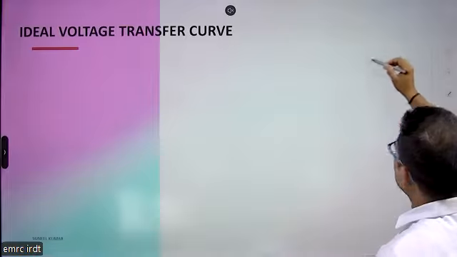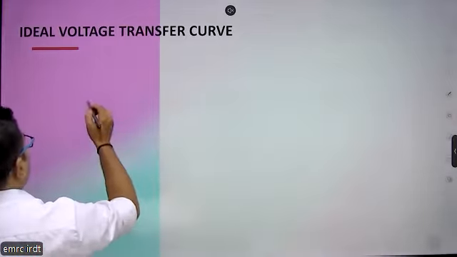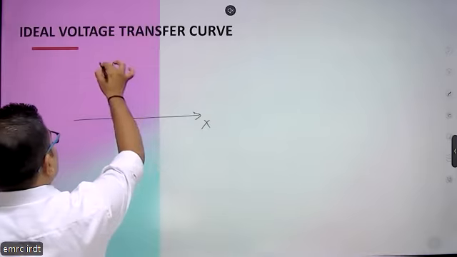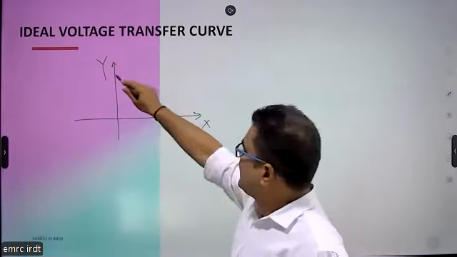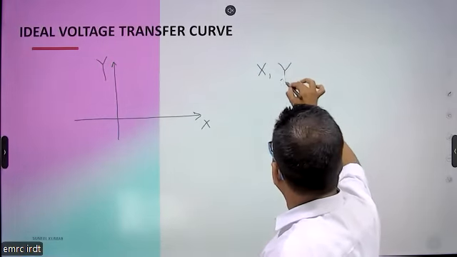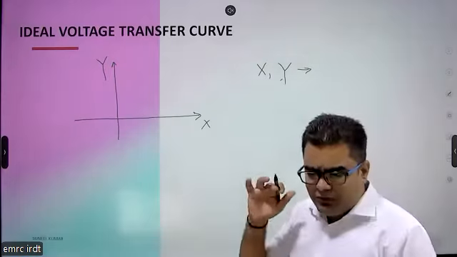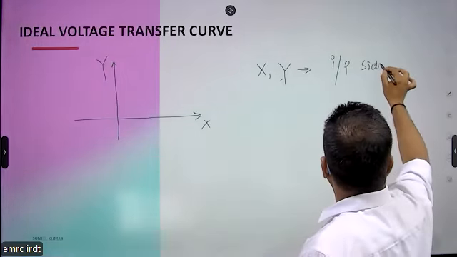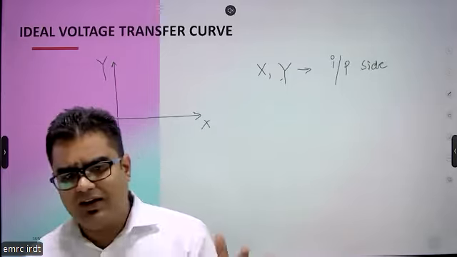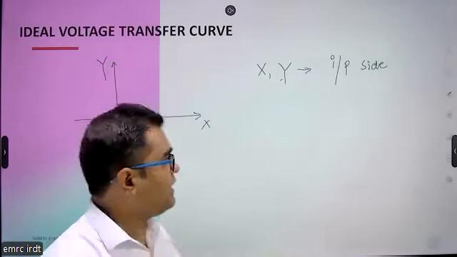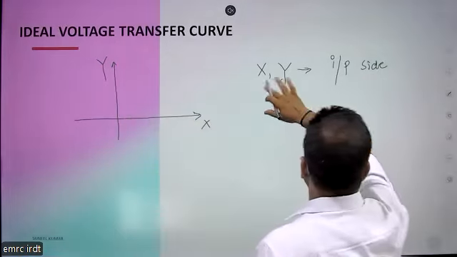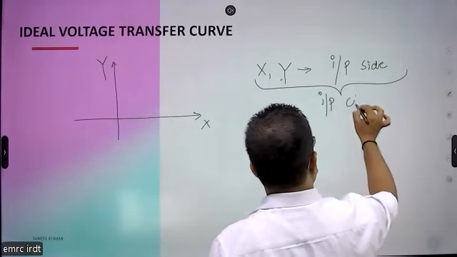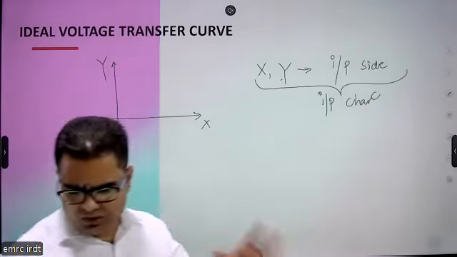So here we must know about three things. Suppose any graph is drawn between two scales, this is X, this one is Y. If X and Y both belong to the input side, these two parameters are of the input side, then whatever characteristic we make by considering X and Y will always be known as input characteristics of that particular system.